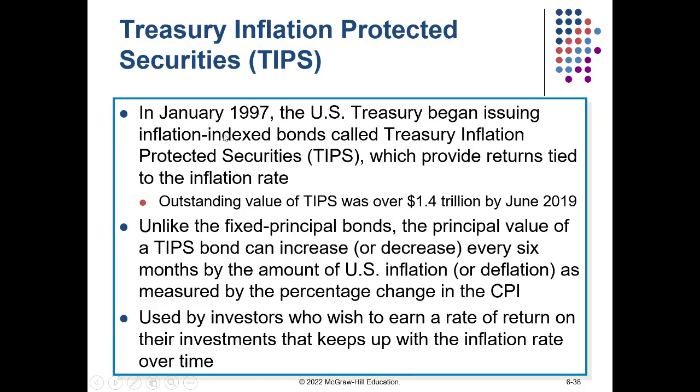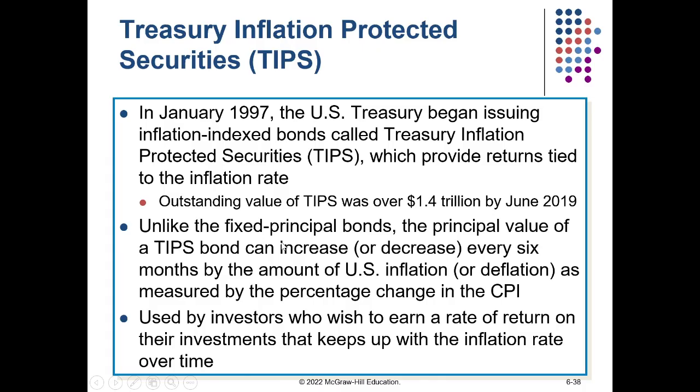In January 1997, the U.S. Treasury began issuing inflation-indexed bonds called Treasury Inflation Protected Securities, in other words, TIPS, which provide returns tied to the inflation rate. The outstanding value of TIPS was over $1.4 trillion by June 2019.